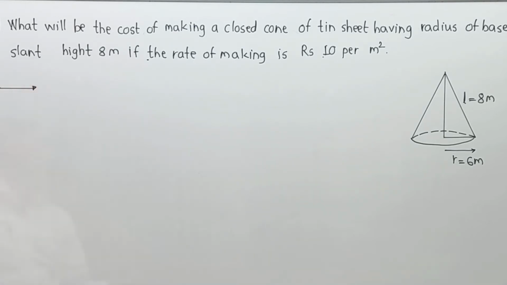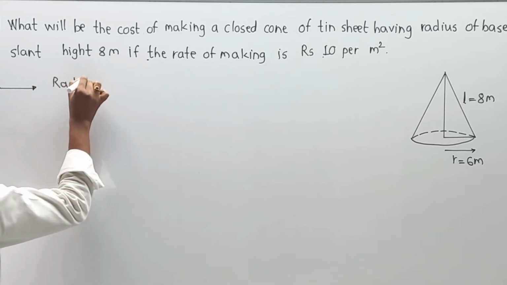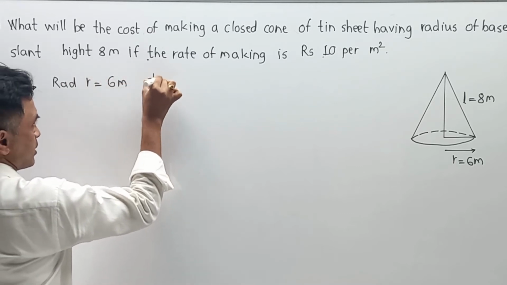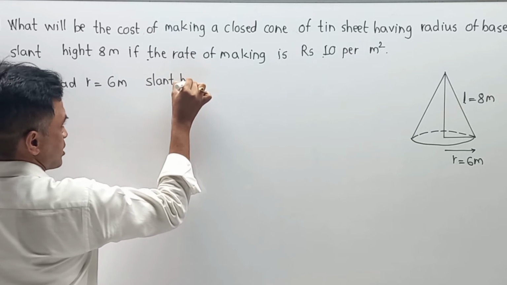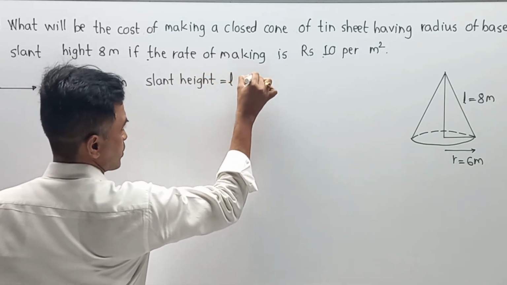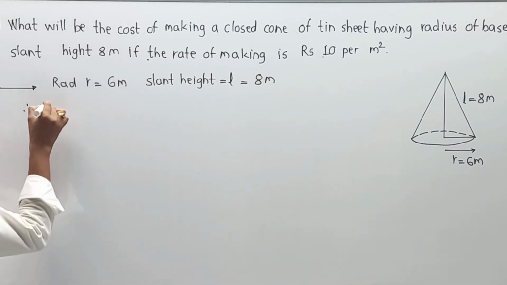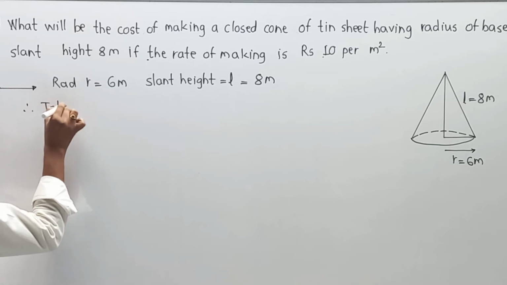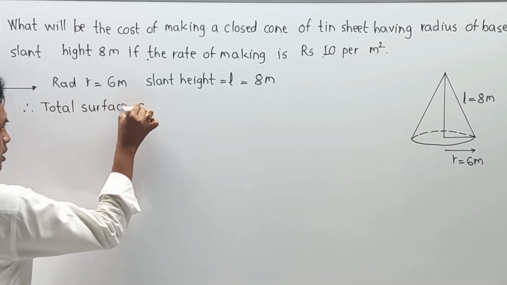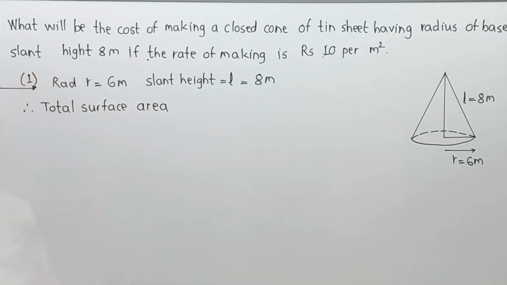So as per data available over here, radius r is equal to 6 meter, slant height, that is l, is equal to 8 meter. Now therefore total surface area, I am going to give it as part 1.